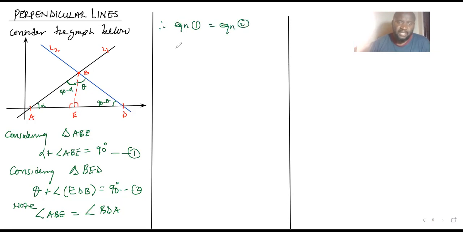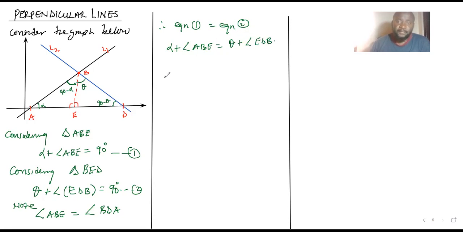So if that is the case, we shall have alpha plus angle ABE is equal to 90 degrees. Because both of them are equal to 90, then they are equal to theta plus angle EDB.